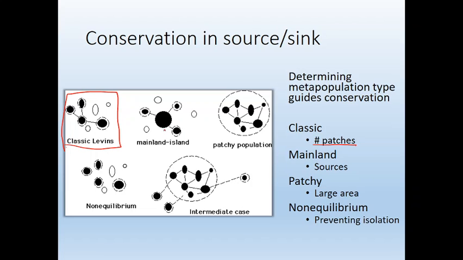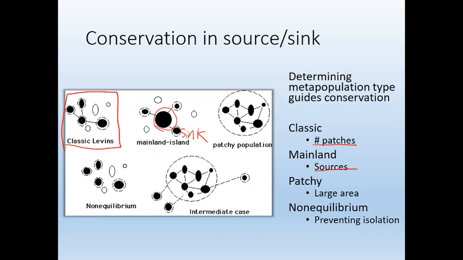On a mainland island type of metapopulation, if these islands are in fact sinks, or at least not super great sources, the mainland is most important. Those source habitats are going to be the most important thing to keep around.